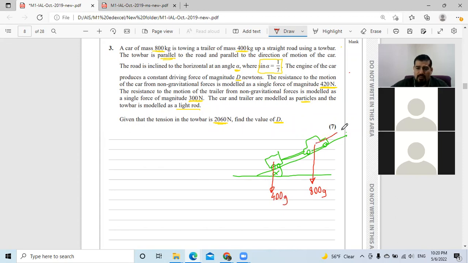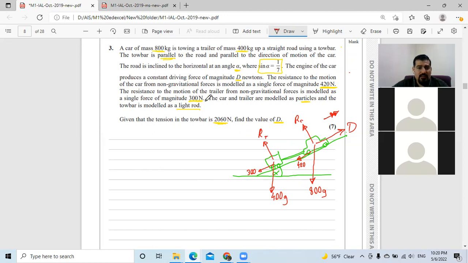There's a driving force from the car, D, and there are friction forces on the car of 420 Newtons, and also on the trailer of 300 Newtons. Of course, there is a normal force, but they don't ask about it. The normal on the car and the normal on the trailer, we will neglect both of them. Now we have a tension. Since there is acceleration going upwards, right?